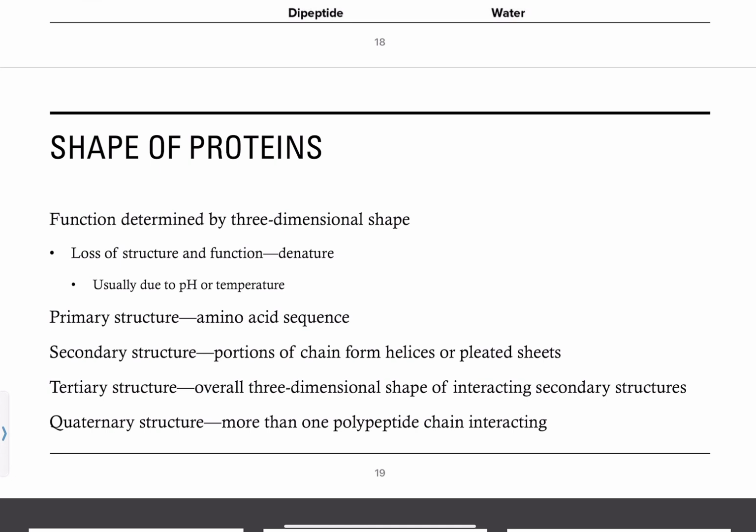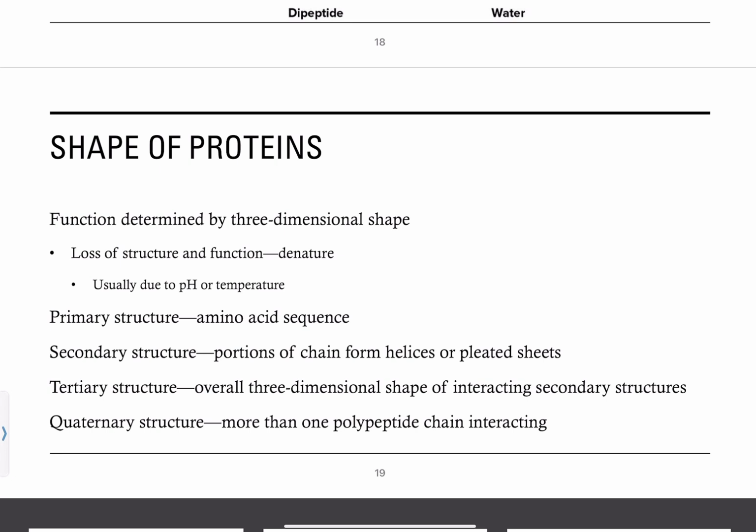If we're talking about the secondary structure, this is just local folding into either alpha helixes or beta pleated sheets. This is going to be stabilized by hydrogen bonds. Tertiary structure is going to be the overall 3-dimensional shape of the protein, and this is going to involve interactions between R groups, including ionic bonds, hydrogen bonds, and hydrophobic interactions.